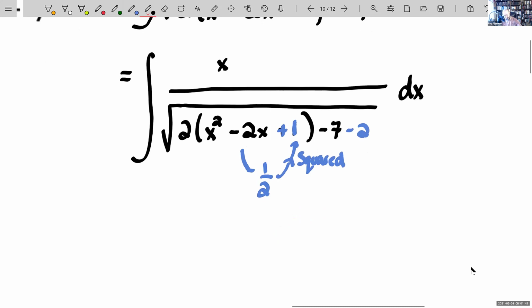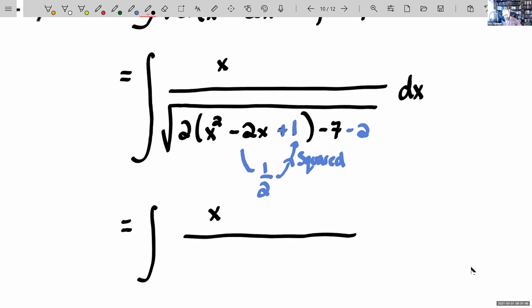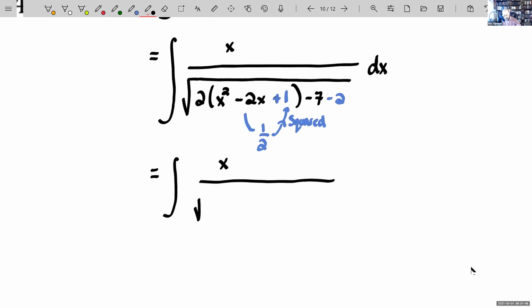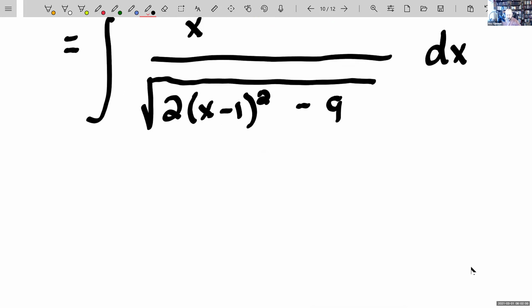And so this turns into the integral of x over the square root of 2 times the quantity x minus 1 squared minus 9. And that is now in a form where it is actually a difference of squares. It's the first thing squared minus the second thing squared. I can do a trig sub.